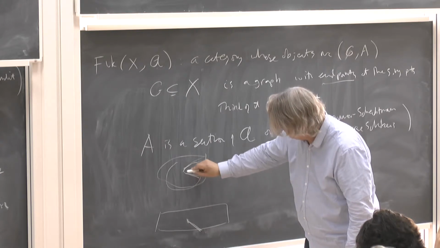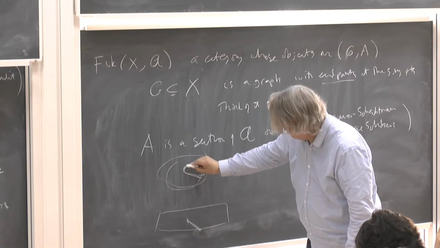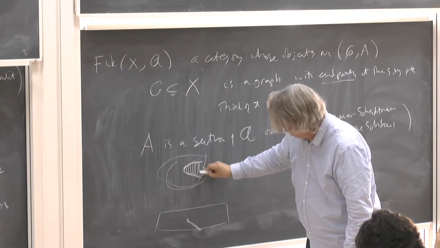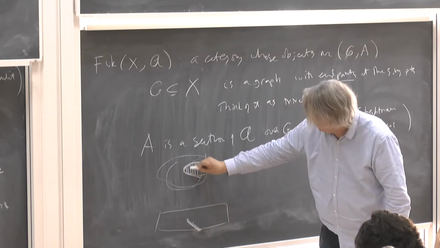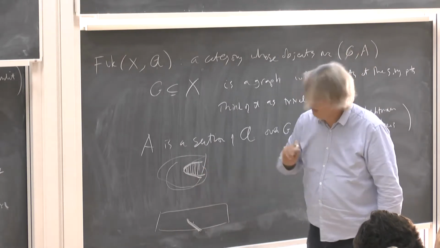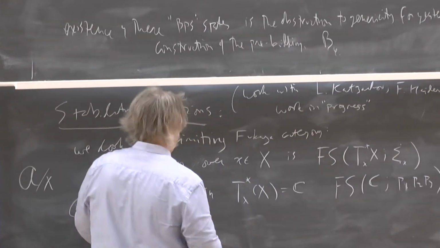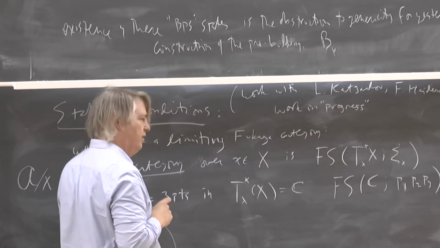Over this segment we'll have two different sheets of the graph, and the typical section is, for each point of the graph, the segment that joins the two sheets together. And that segment is going to be an object in this category.